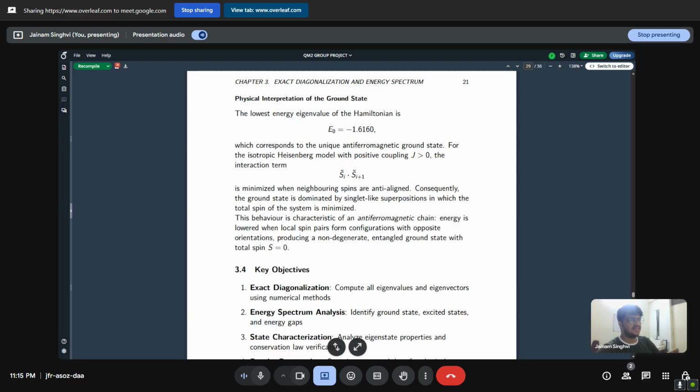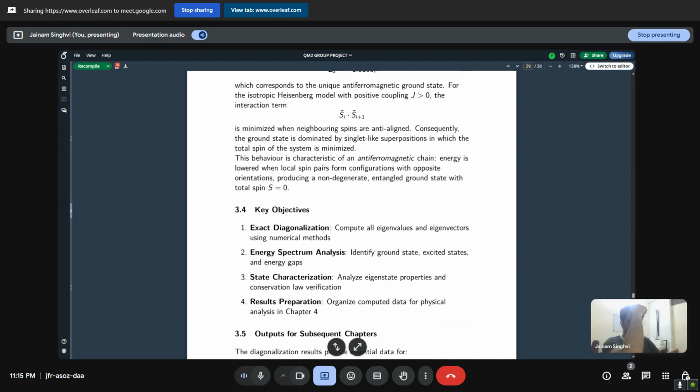This behavior is characteristic of an antiferromagnetic chain. The energy is minimized when local spin pairs form configurations in opposite orientations, giving us a non-degenerate entangled ground state with total spin S equal to 0.